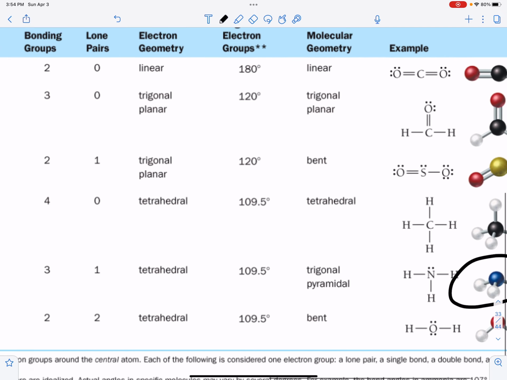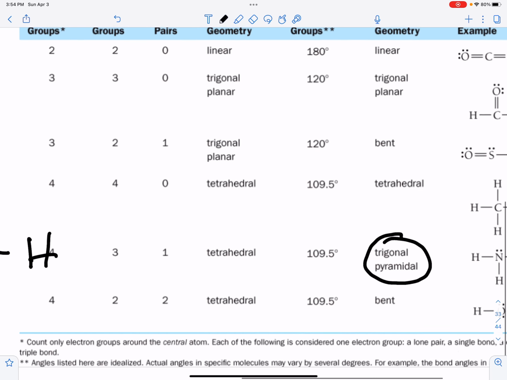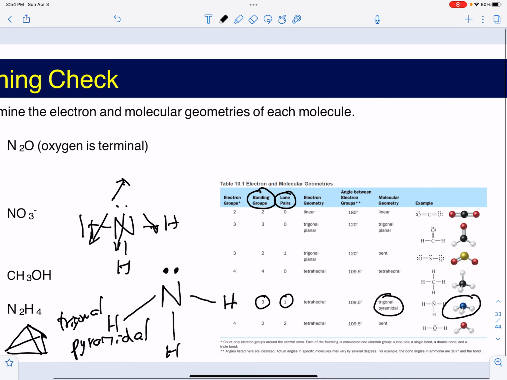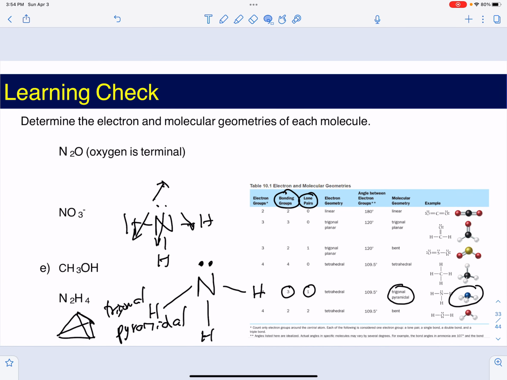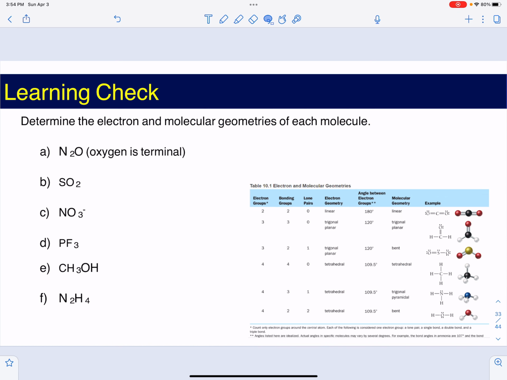And notice that it says that you're going to get trigonal pyramidal when you have 3 bonding groups and 1 lone pair on the central atom. So that's how we use this table. First, we draw the Lewis structure just like we know how to draw it.